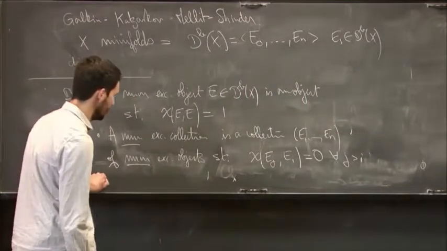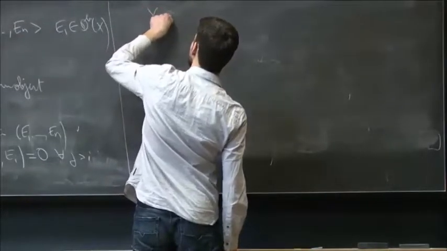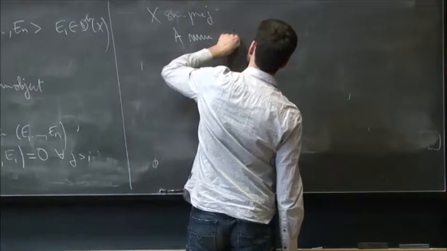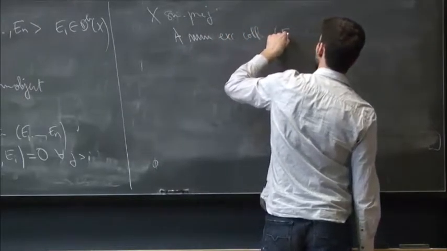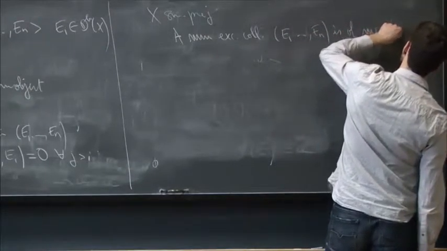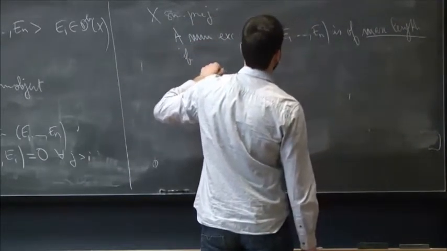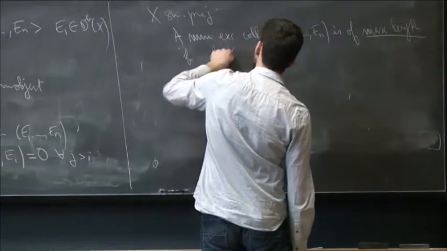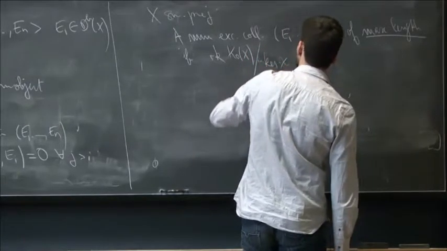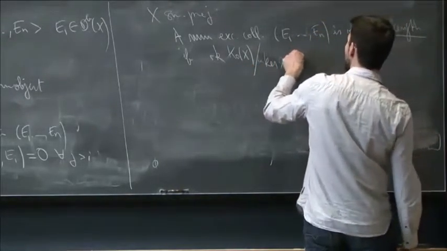Okay, and then if you have X smooth projective, a numerically exceptional collection E_1, ..., E_n is of maximal length if the rank of K_0 of X modulo the kernel of the Euler pairing, so basically numerical equivalence under Riemann-Roch, is equal to n.